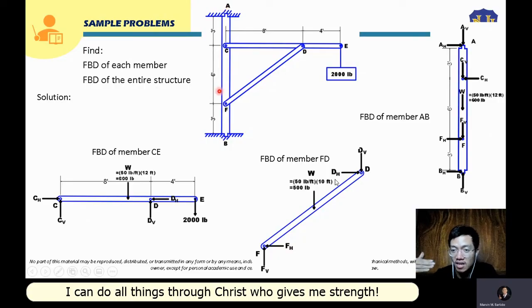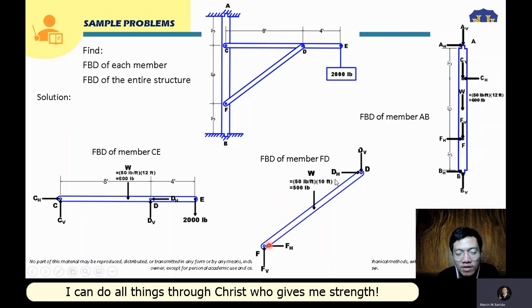Again, if we transfer CH and CV here at point C, they will be oppositely directed. If our CV here is upward, it should be downward here. If our CH here is to the right, our CH here should be to the left.